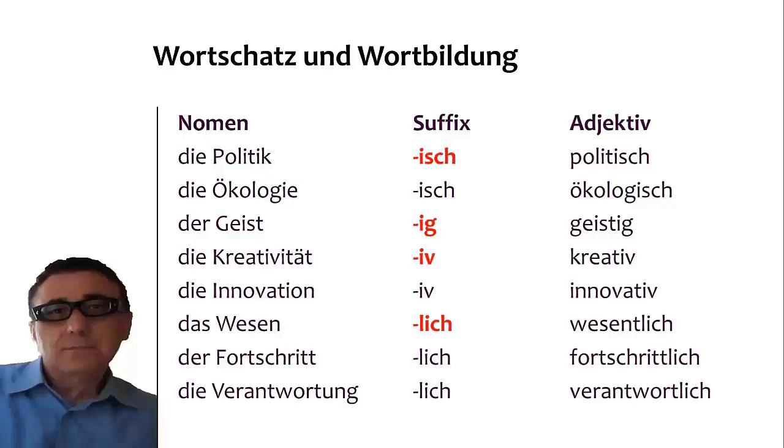Der Fortschritt means progress or advance. So our adjective fortschrittlich means progressive or advanced, depending on the context, but mostly progressive. Die Verantwortung means responsibility, and the adjective form verantwortlich means responsible.